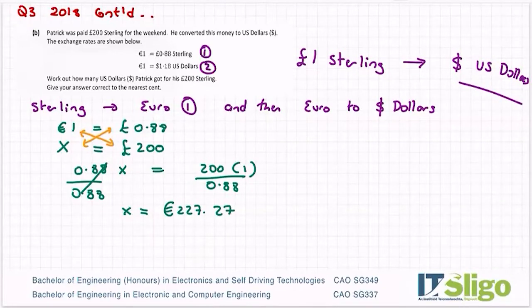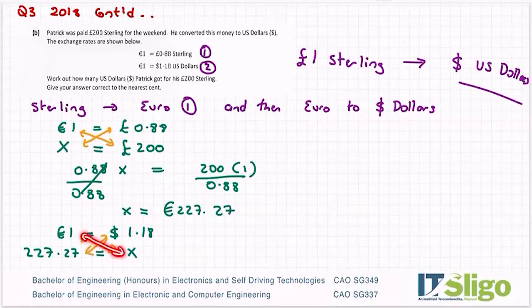Okay, so that's how many euros I have, and then I go from euros to dollars. This time the euros goes under the euro side, and the x goes under the dollar side. Again, I do this cross multiply.